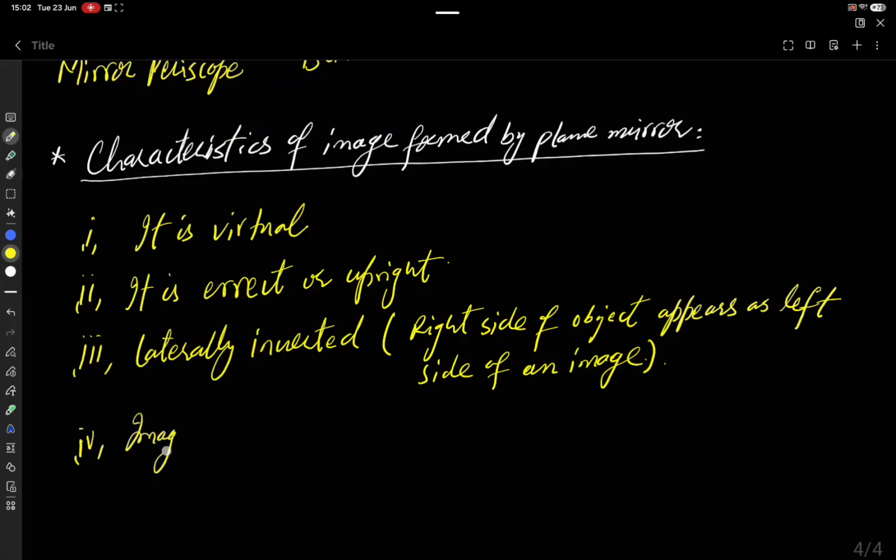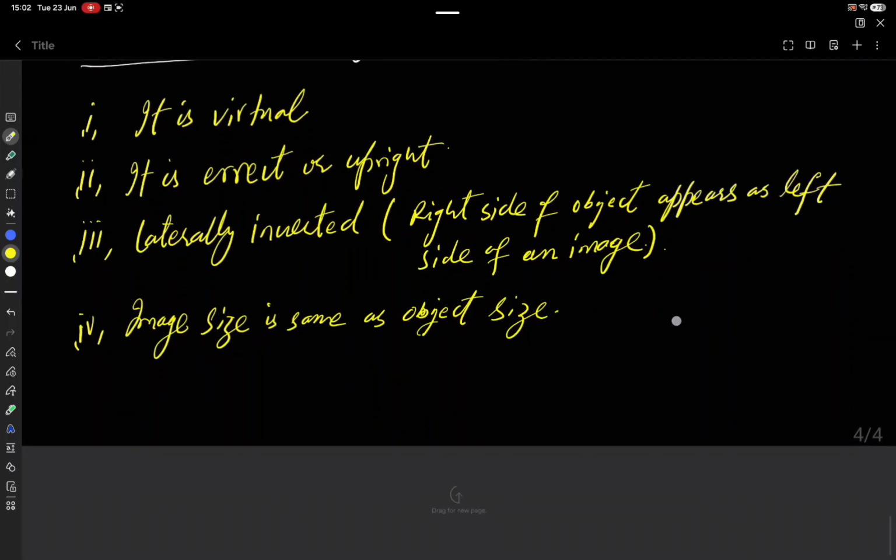Image size is the same as object size. So these are the characteristics.